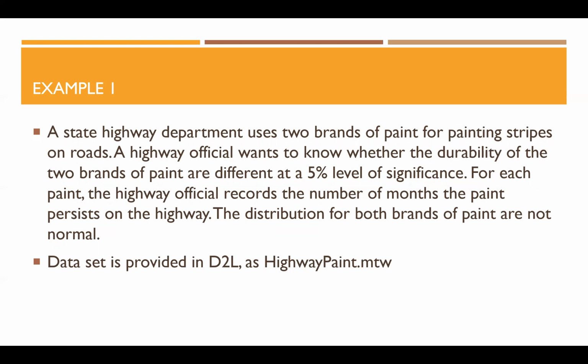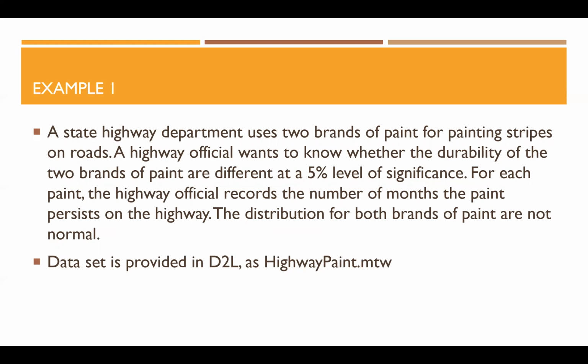Okay, so this example says a state highway department uses 2 brands of paint for painting stripes on roads. A highway official wants to know whether the durability, how long it lasts, of the 2 brands of paint are different at a 5% level of significance.